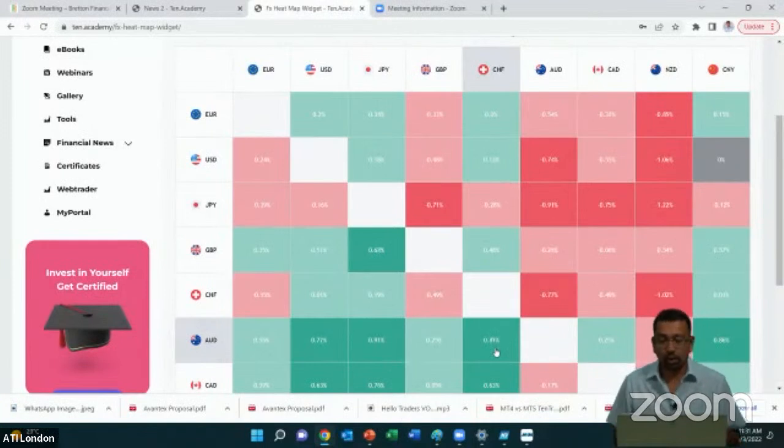Now, this is quite interesting because we have got AUD moderate to strongly bullish against safe havens, which are the JPY and the CHF. Again, that would also confirm the risk-on, not the risk-off, type sentiments in the market.